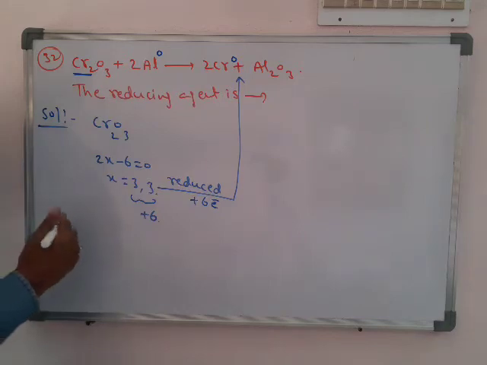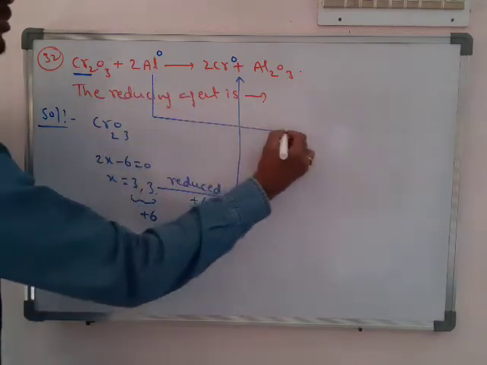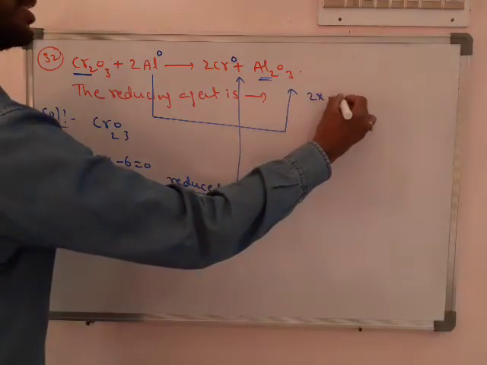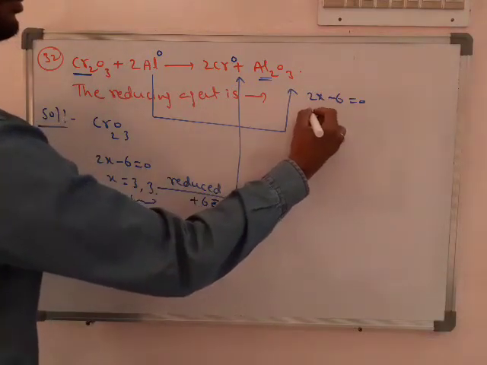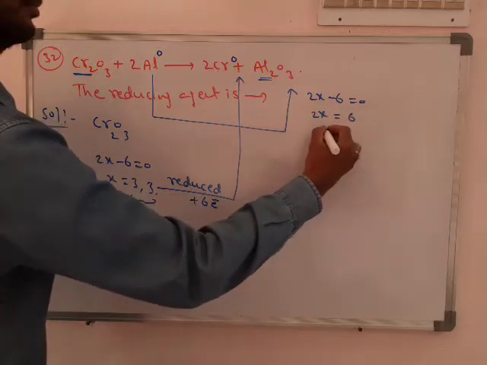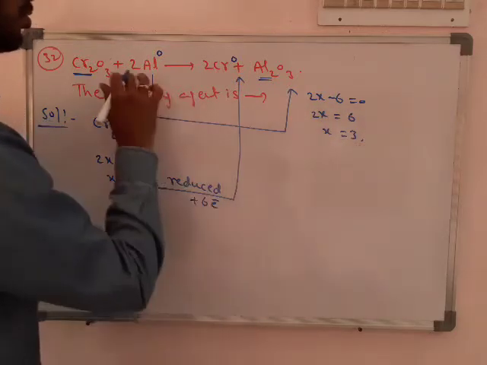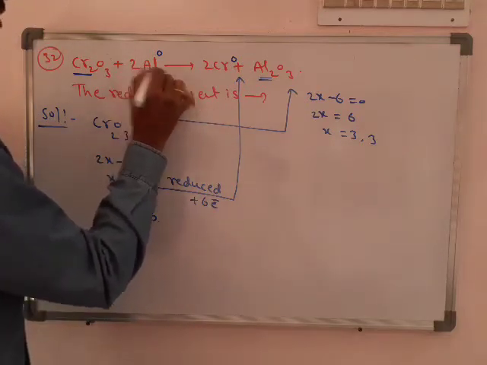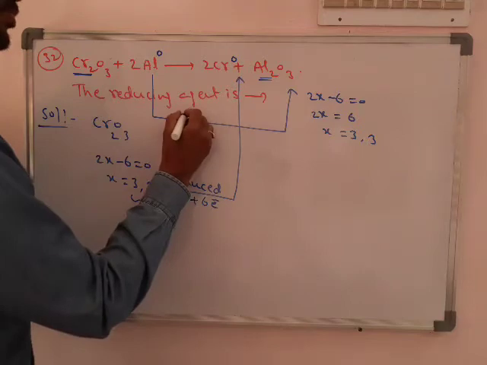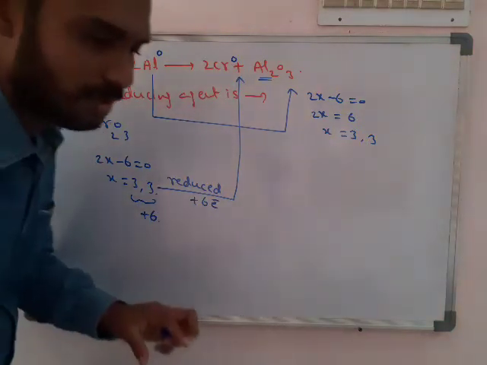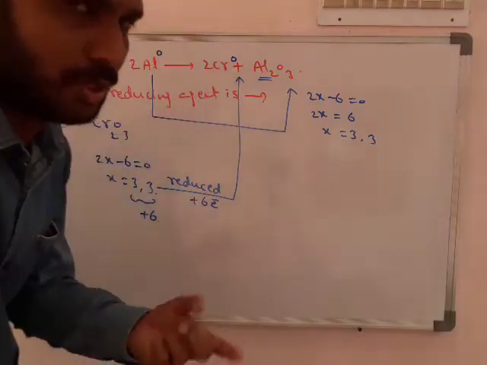Next, what about aluminium here? Aluminium 0 becomes Al2 in Al2O3. What is the condition? 2x minus 6 equals 0, so x equals 3. So two aluminiums means 3, 3, so it becomes 0 to 3, 3. The oxidation number increases, which means losing of electrons.